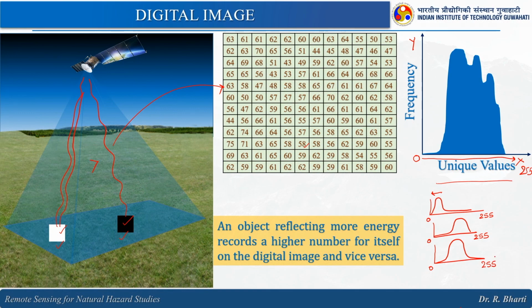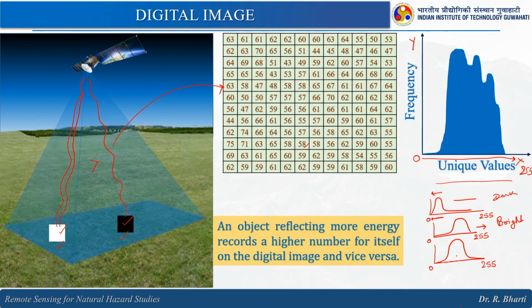So if your image histogram is skewed towards the left side, that means towards the lower value, then it indicates your image will be dark. Here it is skewed towards the right side, so that means this image will be bright.